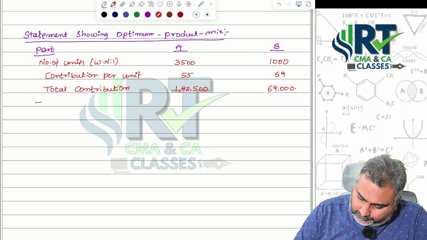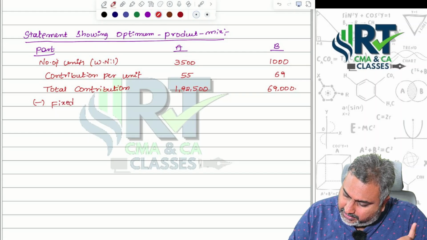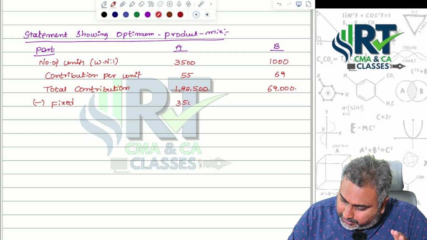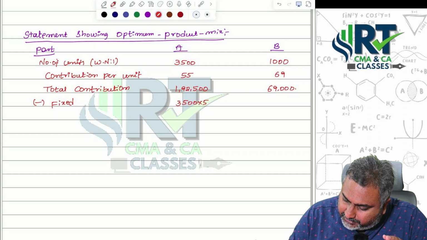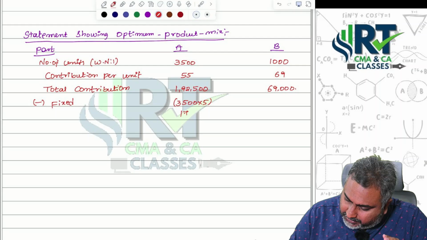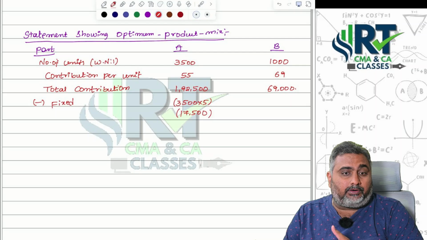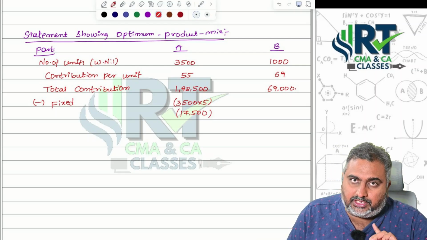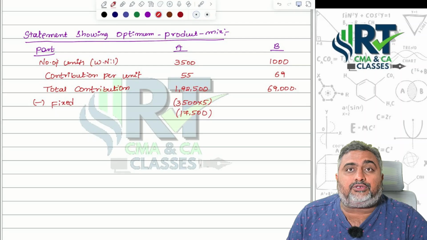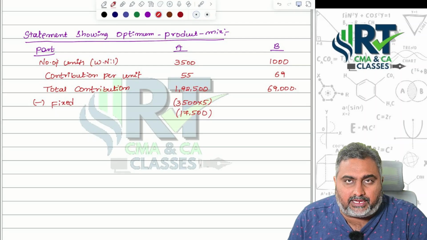Less fixed cost. Here be a little careful, sir. Everyone will do this correctly: 3,500 into 5, then you will get 17,500. Correct only. But here people will take thousands, sir. Absolutely wrong. What is the maximum units you can produce? 3,500.